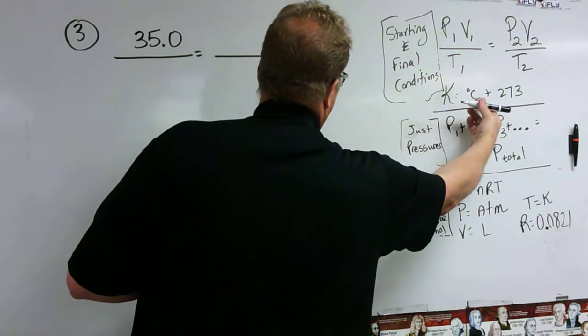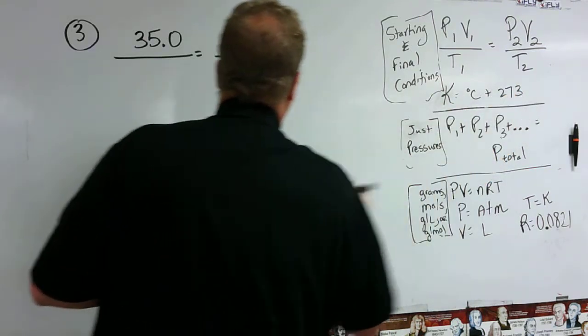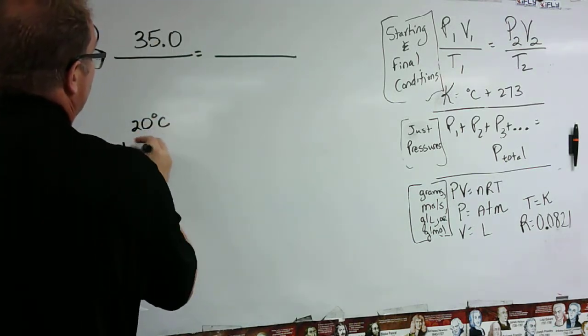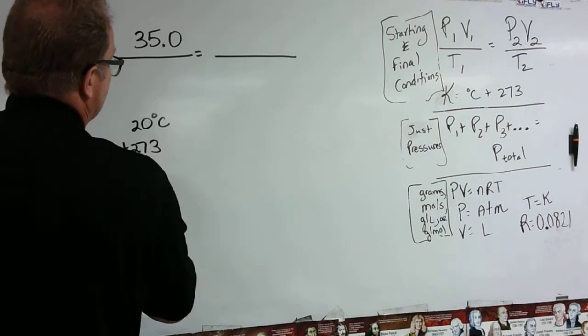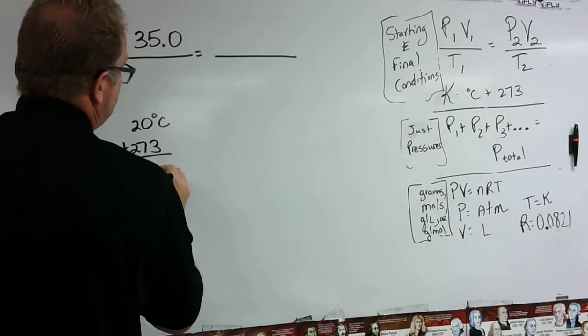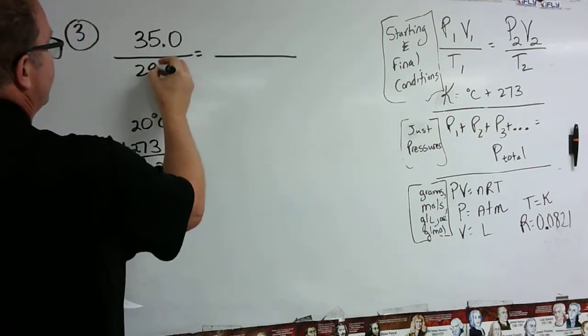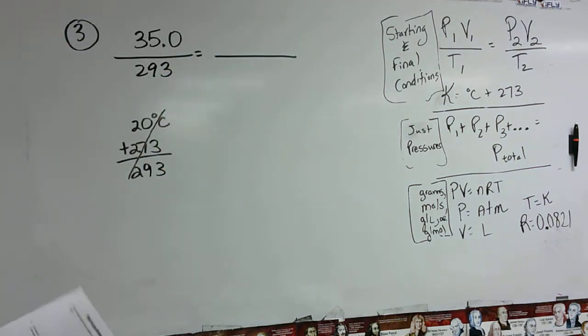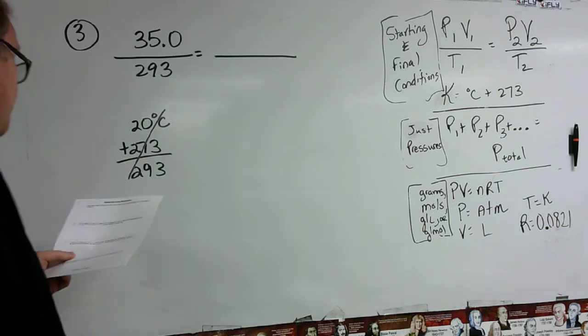So you're going to have to put 20 plus the 273. And I will tell you the exact reason why in a little bit. But this is the only number that's actually going to work here. So every time you see the word Celsius, you have to add 273 to change it to Kelvin.